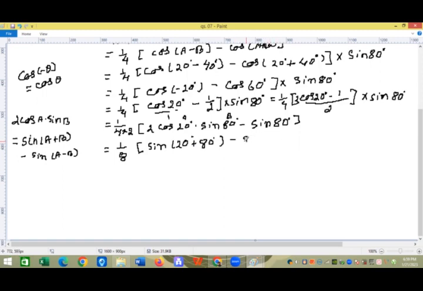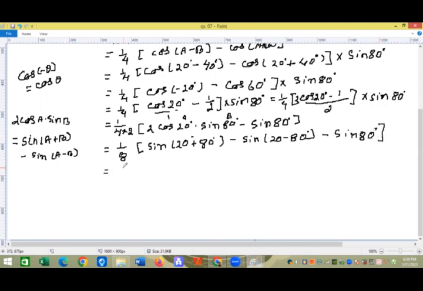This is sine, and right here 20 minus 80 degrees. Although this is going lengthier, but that's easy if you follow the steps. And then you are left with here minus sine 80 degrees, okay, inside the bracket.